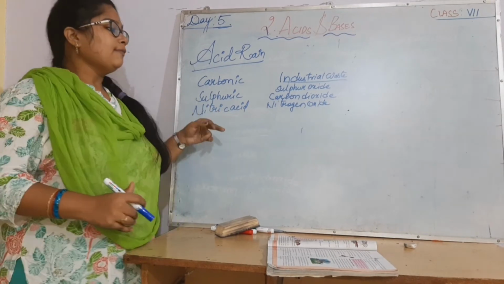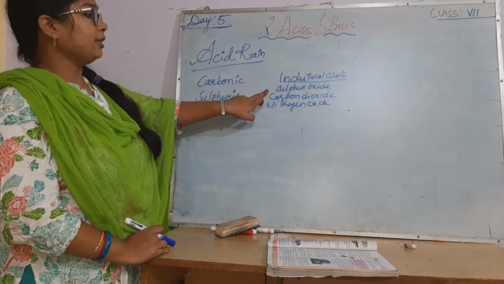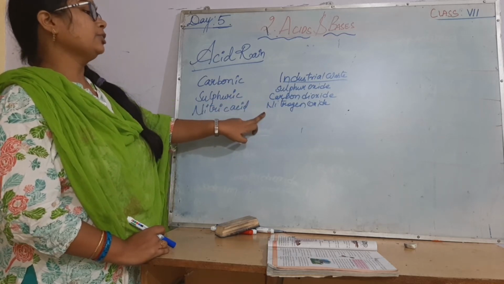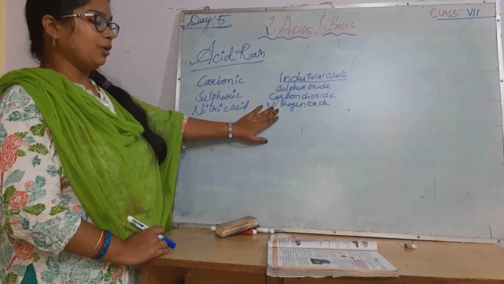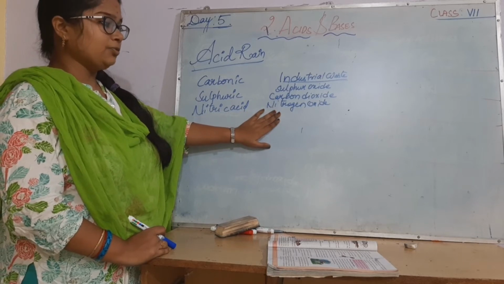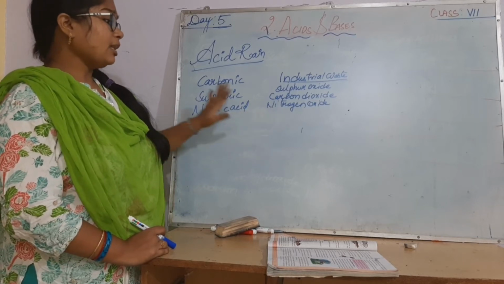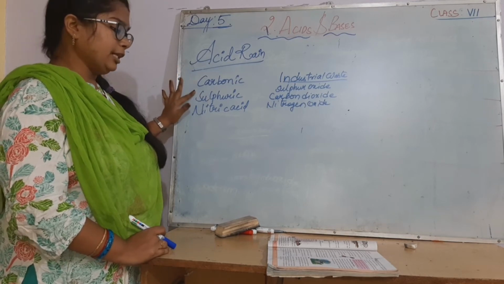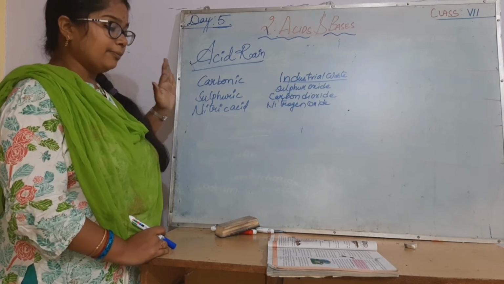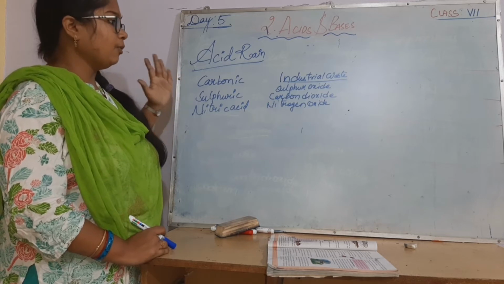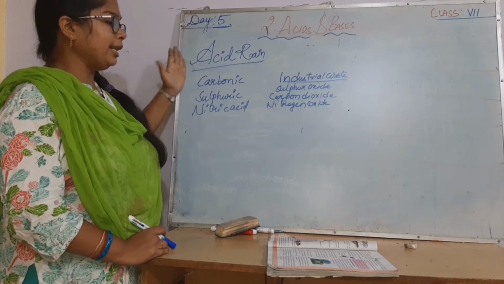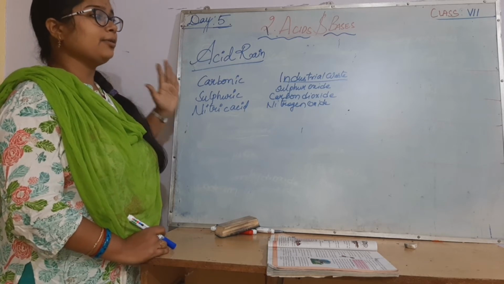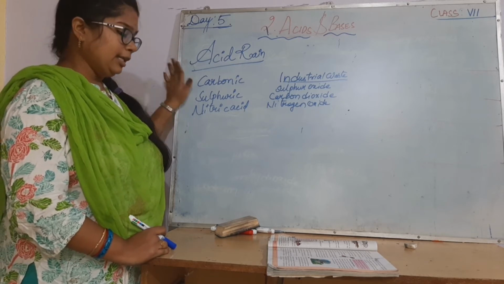But see, the industrial waste consists of sulfur oxide, carbon dioxide and nitrogen oxide. They combine with the water in the atmosphere, so they form acids, that is carbonic acid, sulfuric acid and nitric acid. From those we are going to get rain, in the form of rain, and that rain will damage us and the buildings and all. It is very, very dangerous.